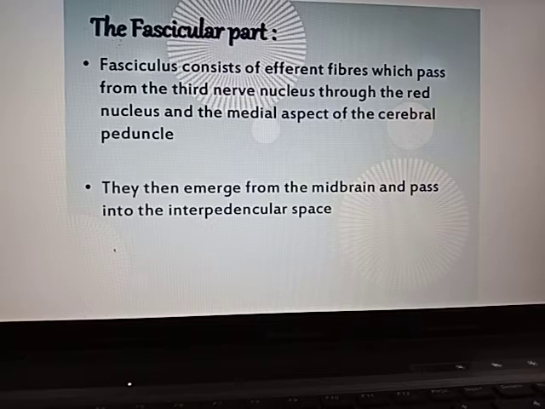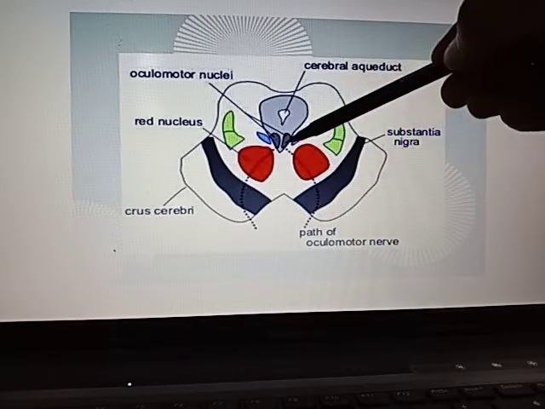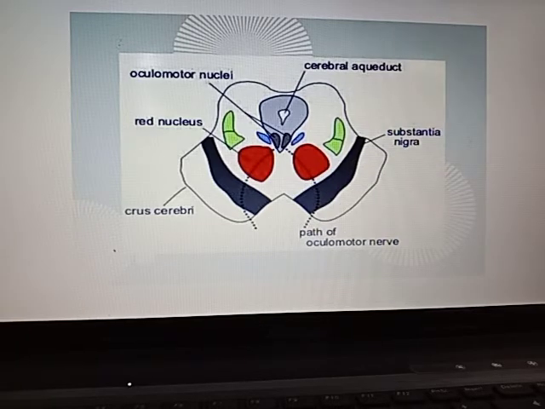They then emerge from the midbrain and pass into the interpeduncular space. This part is the fascicular part. After taking origin, it goes to the interpeduncular part. Okay, this is a part of the oculomotor nerve, and after emerging from the brain surface, it goes through the red nucleus, substantia nigra, and the crus cerebri.